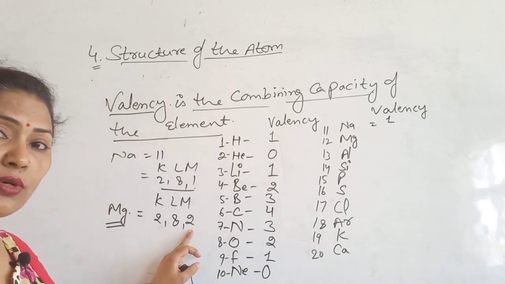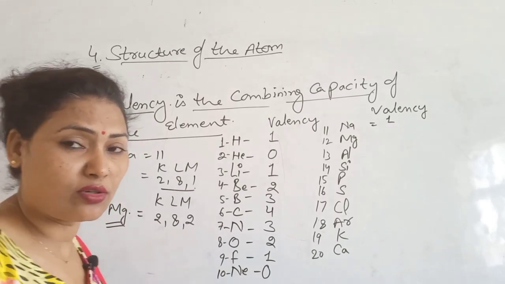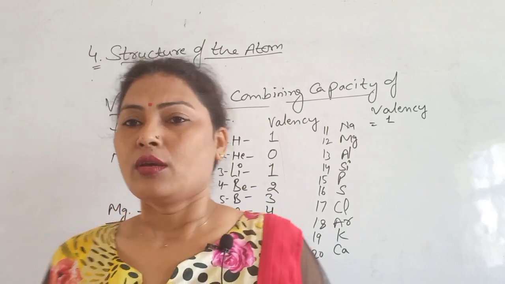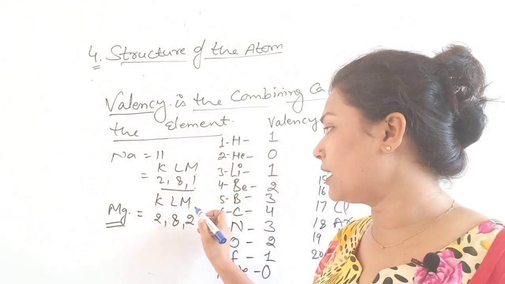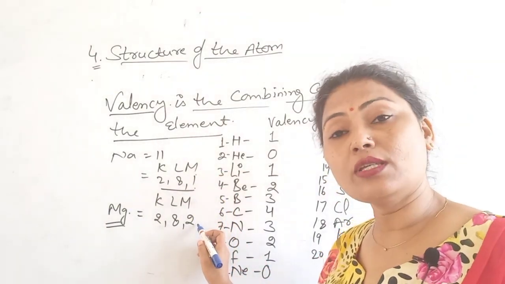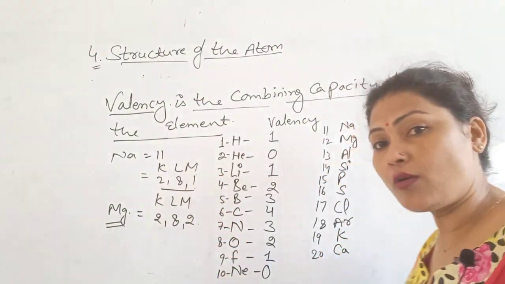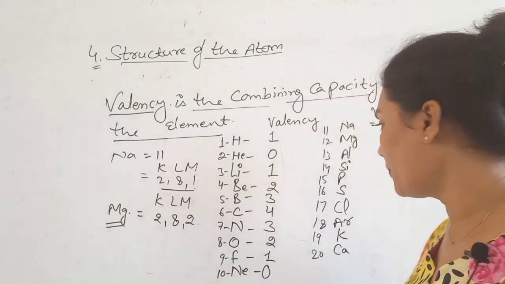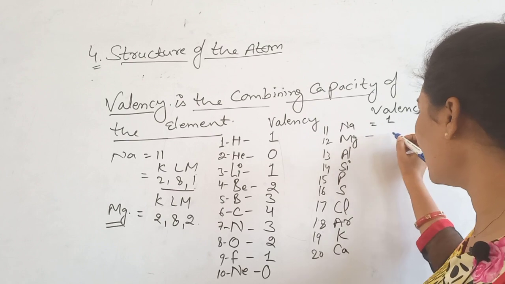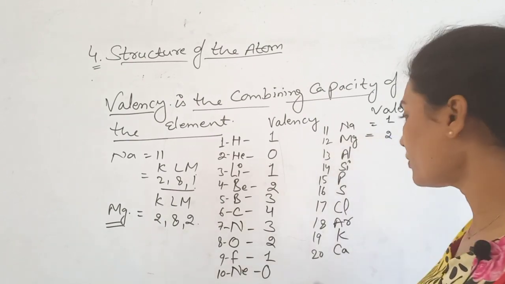So it can lose 2 electrons to complete its octet. Octet means 8. It can complete its octet by losing 2 electrons. So how much they are losing, that is the valency of that element. Okay. So here the valency of magnesium is 2.